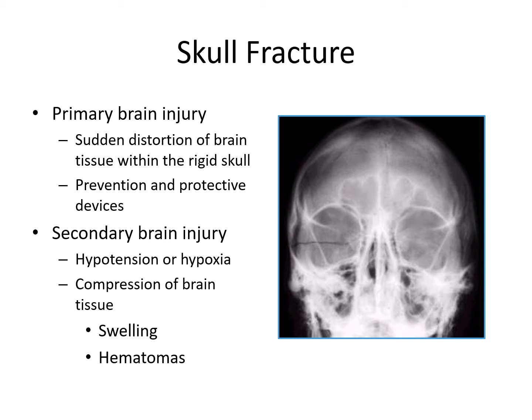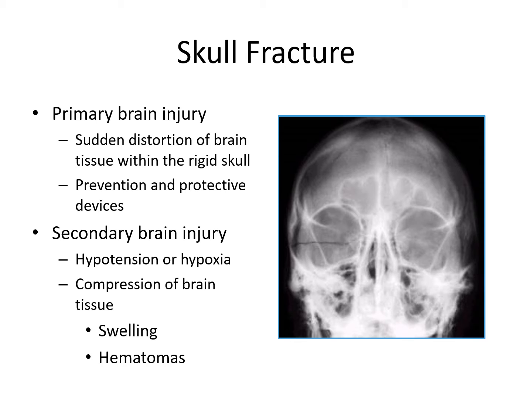What this slide wants you to know, and you can see in the picture, is the importance of having x-rays. So we can see the fracture across the orbit here. A periorbital fracture is that dark line that you see on the left side of the x-ray.